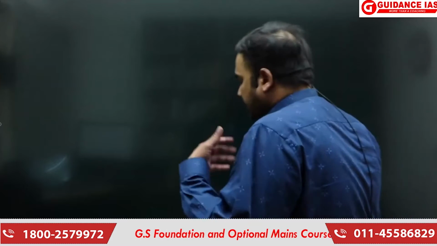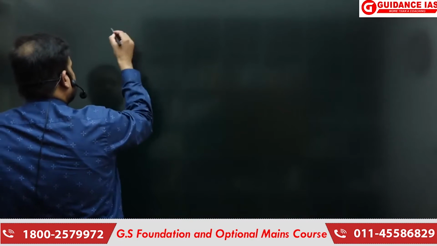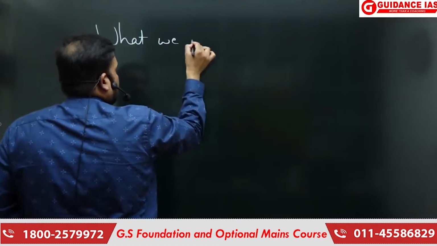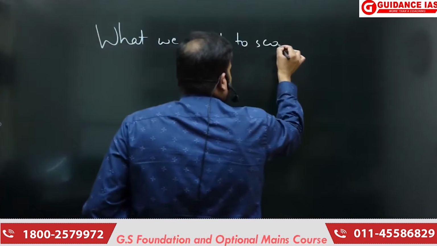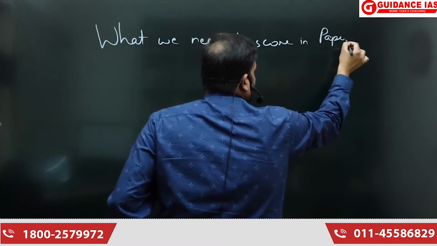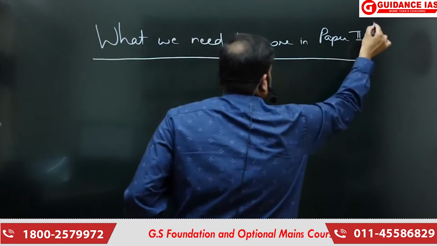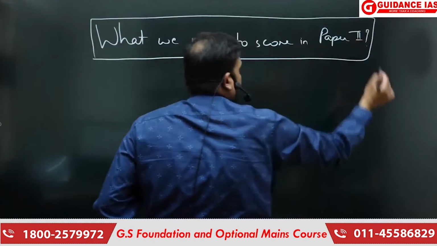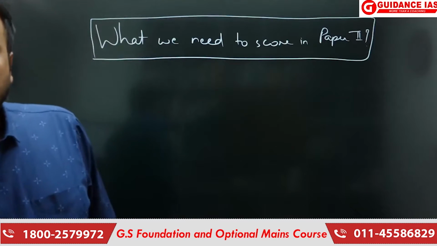So that is one thing. Now, generally, what do we need to score? Let us talk about paper 2. What are the things that we need to get good marks in paper 2?